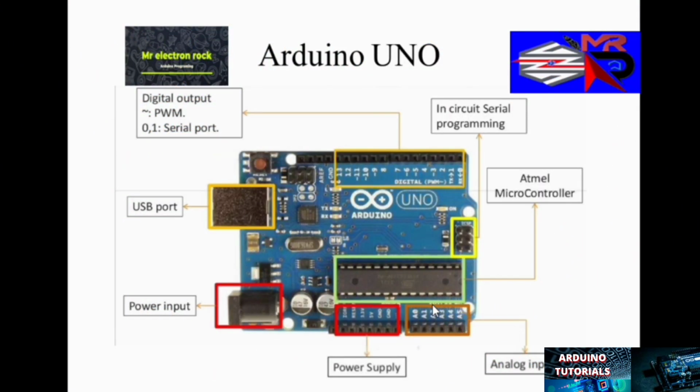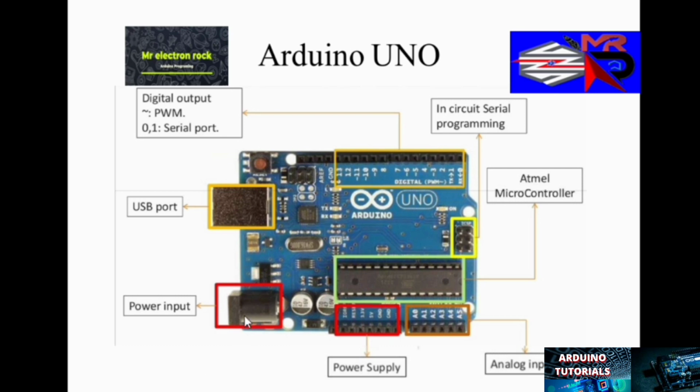This is the block diagram of the Arduino UNO, where you have 14 digital input output pins and some of them are PWM pins. PWM pins are represented by the symbol given here, and PWM means pulse width modulation, which is given in detail in the next videos. You have 6 analog pins for analog input, and power supply pins such as 5 volt, ground, and 3.3 volt for powering your Arduino and connecting the ground pins of your sensors.